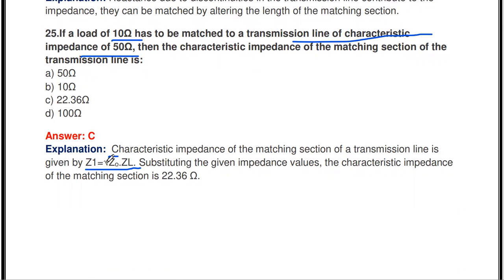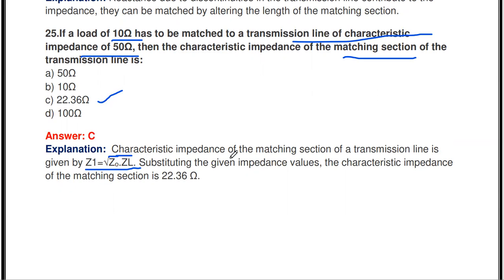Here Z naught is the characteristic impedance of the transmission line, which is 50, and the load is 10. So square root of 50 into 10, which is square root of 500. The answer is 22.36 ohms. So the characteristic impedance of this quarter wave transformer, the matching section, is Z equal to square root of Z naught into ZL, which is 22.36 ohms.